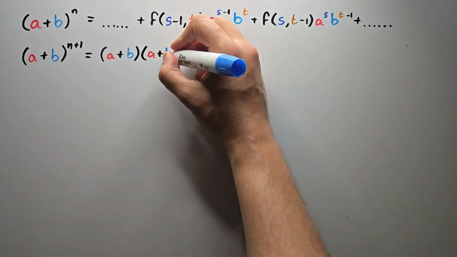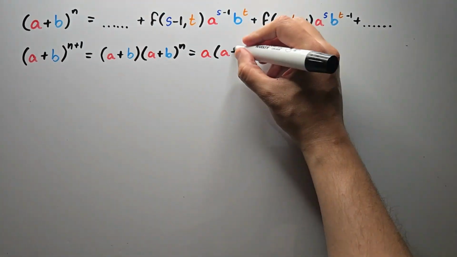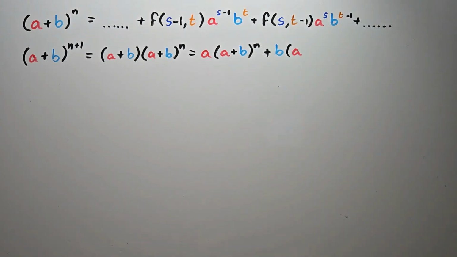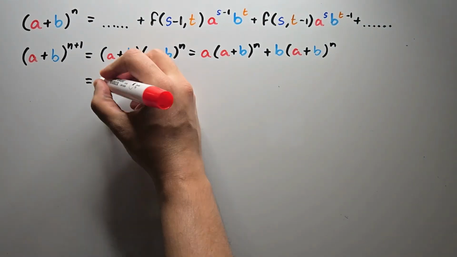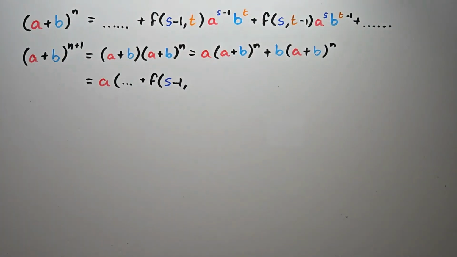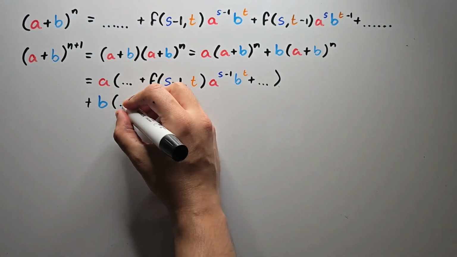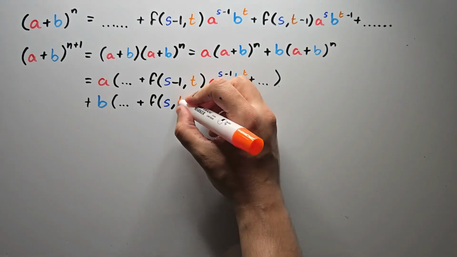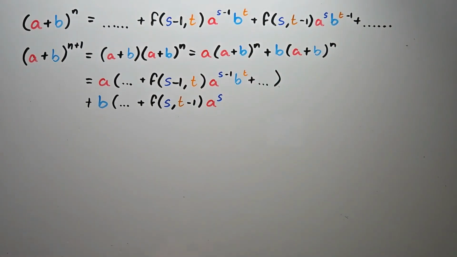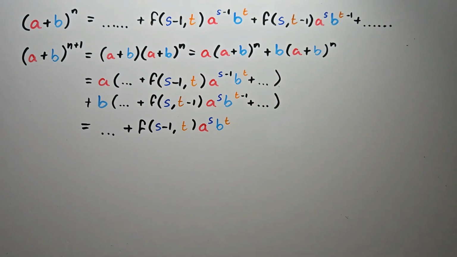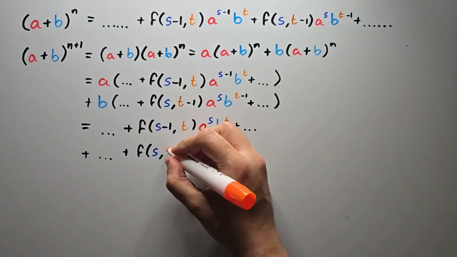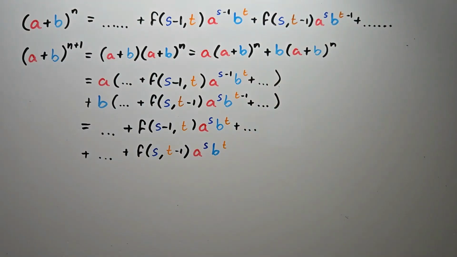Now let's see the coefficients of (a+b)^(n+1), which is equal to (a+b) times (a+b)^n, which is a times (a+b)^n plus b times (a+b)^n, which will give us a times f(s−1, t) times a^(s−1) b^t plus many other terms, plus b times f(s, t−1) times a^s b^(t−1) plus many other terms, which will equal f(s−1, t) a^s b^t plus f(s, t−1) a^s b^t plus many other terms.